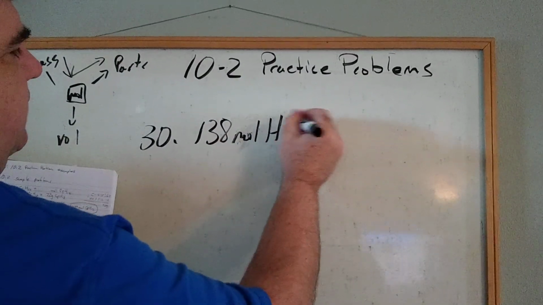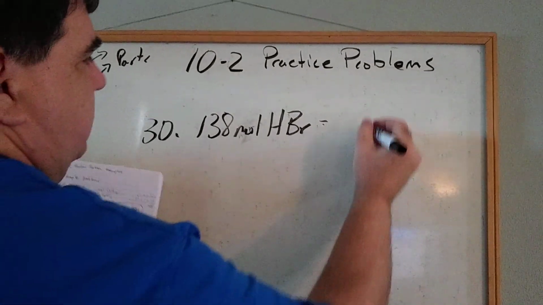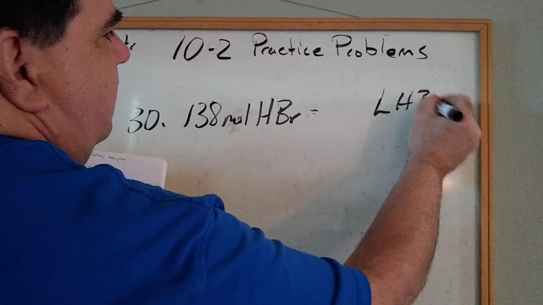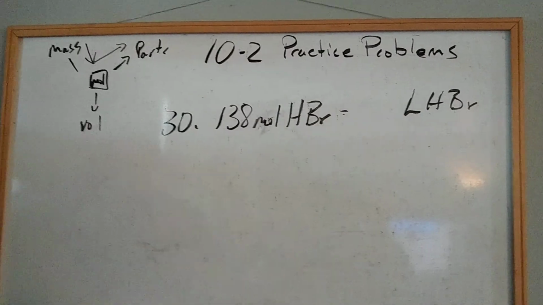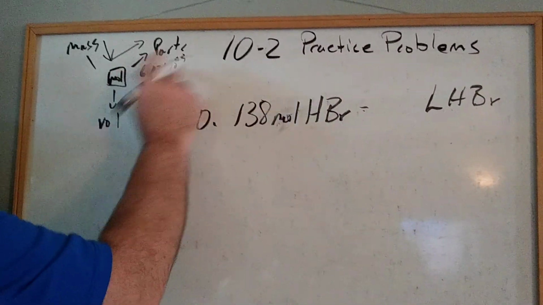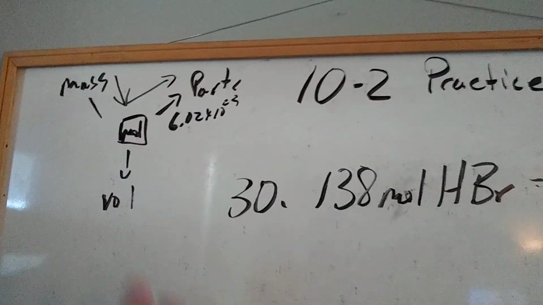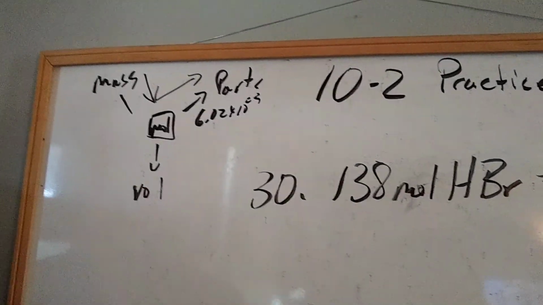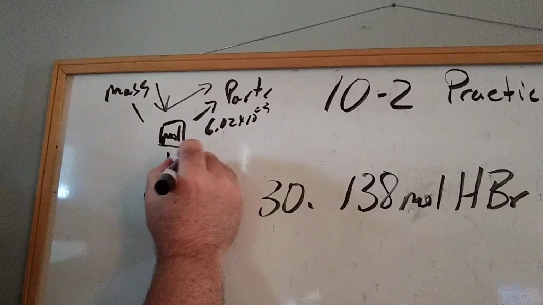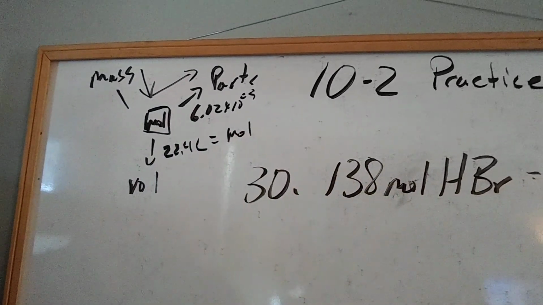Mole HBr is equal to how many liters of HBr? Now, what's nice is that just like we have 6.02 times 10 to the 23rd for Avogadro's number, when we go to a volume, we have a given unit. We have an equality or a value that is recognized, which is 22.4 liters for every mole of something.